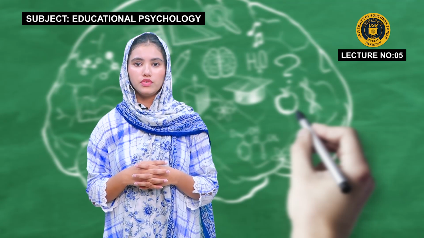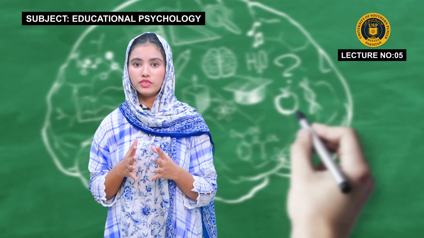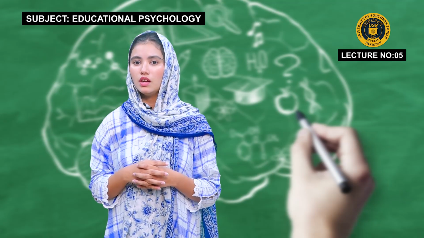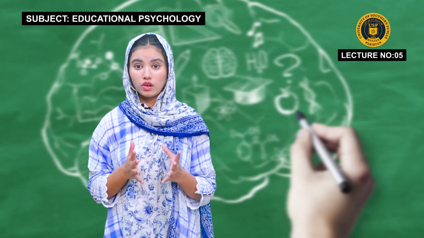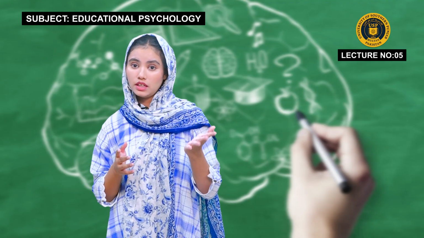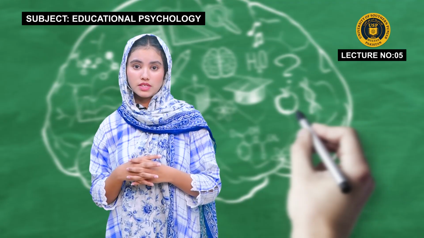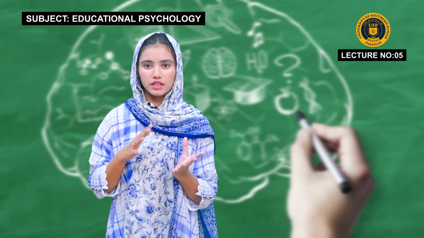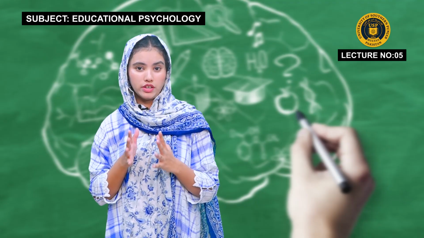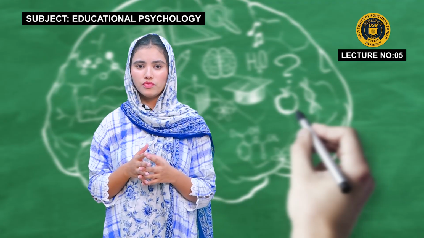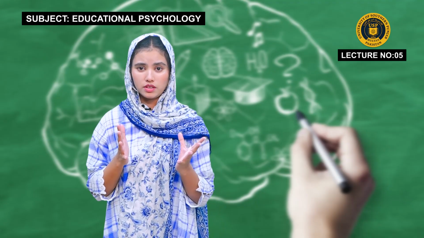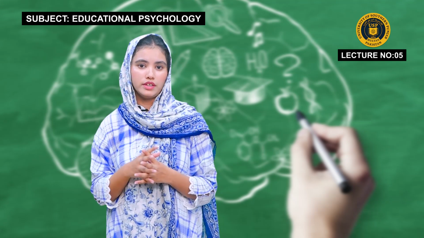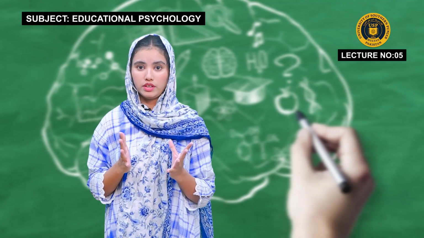Let's begin with the definition of cognitive development. What is cognitive development? Cognitive development involves mental processes like thinking, remembering, reasoning and problem solving. These functions help us understand the world and guide learning. For example, when a child learns to speak, solve puzzles or follow instructions, cognitive functions are at work.